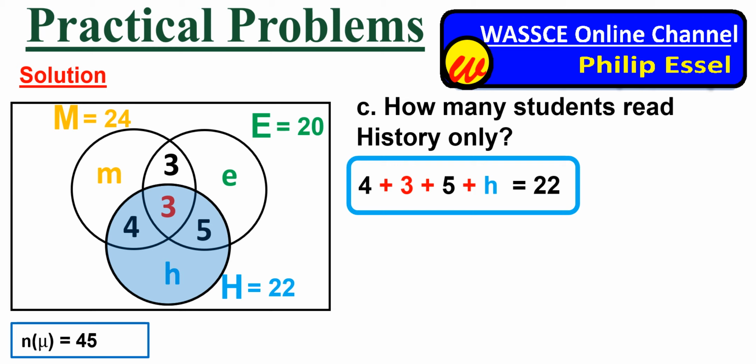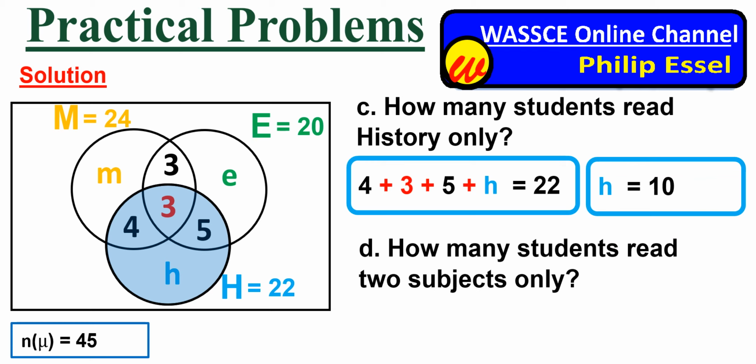It will become negative 12. So we would have to take the 12 out of the 22. That would give us 10. So our h is equal to 10. Therefore, 10 students read history only.